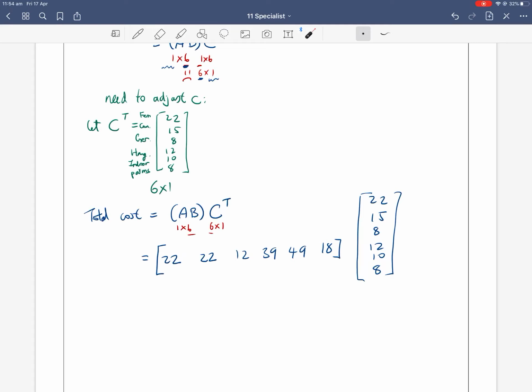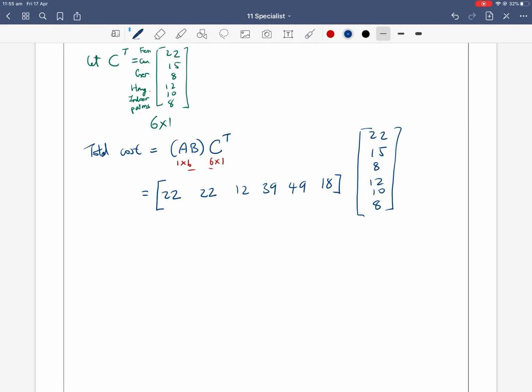So remember, column C transpose going down, that's the cost for a fern, the cost for a camellia, the cost for a geranium, etc. Whereas going across AB, this is the number of ferns needed, the number of camellias needed, the number of geraniums needed, etc. So if I went row by column, that's 22 times 22, which is 22 ferns by $22 per fern, plus 22 camellias, lots of $15 per camellia, plus 12 lots of geraniums multiplied by $8 per geranium, adding on, etc. So yes, that does make sense, because working out total cost is however many plants we need multiplied by the cost of each plant.